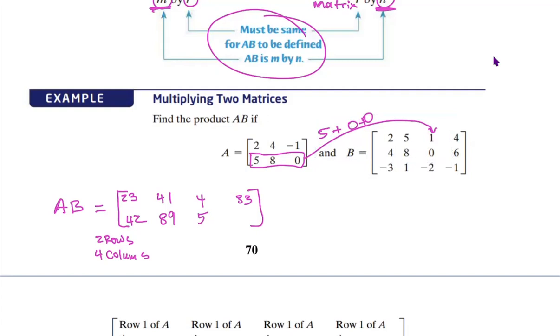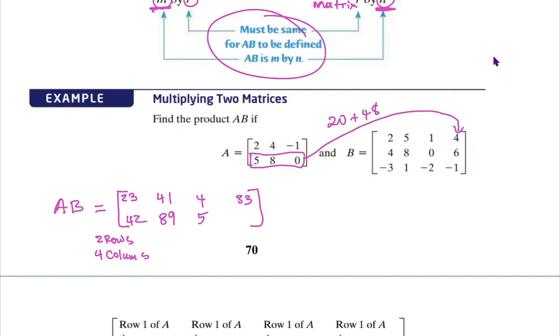And then finally, to complete the multiplication, we will multiply second row of the first matrix with the fourth column of the second matrix. So that's 5 times 4, 20. 8 times 6, that's 48.